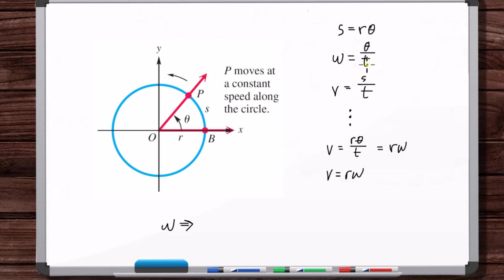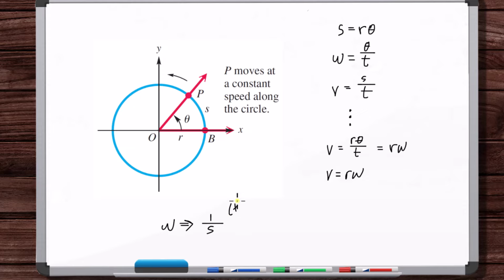Time is in seconds. We'll just say seconds, it doesn't have to be seconds. But remember, radians are unitless. So technically, omega is in 1 over seconds. That's the units. If we were in degrees, we would have to put degrees per second. With radians, these are technically unitless, so it's just 1 over seconds, also known as hertz.